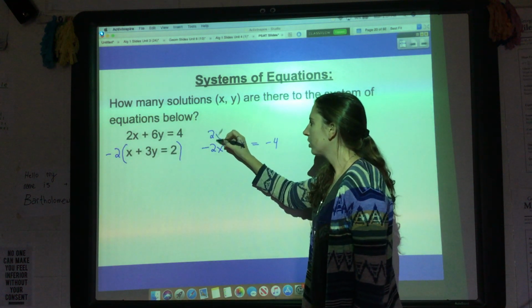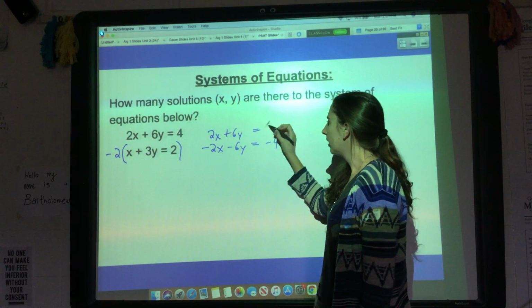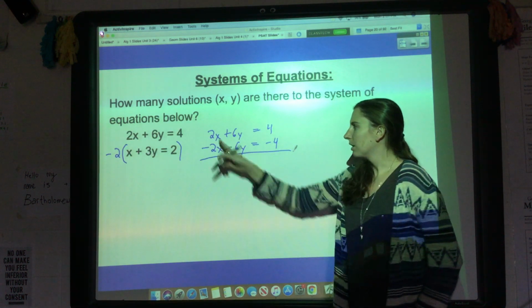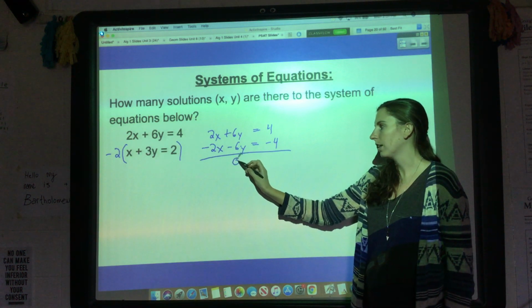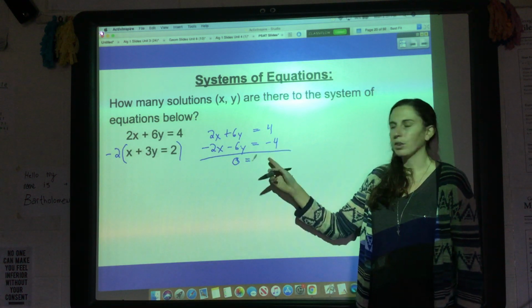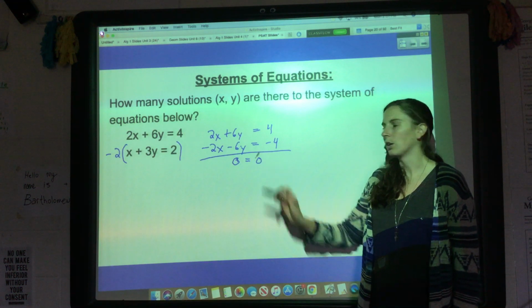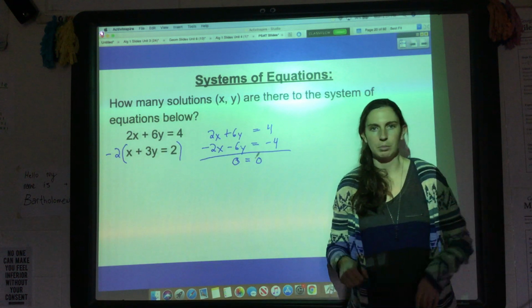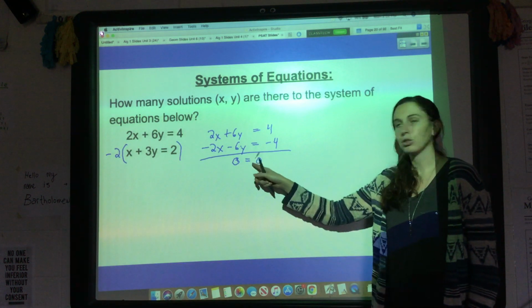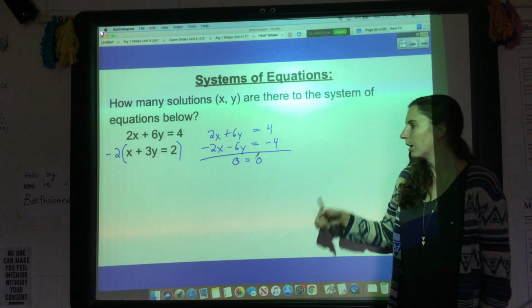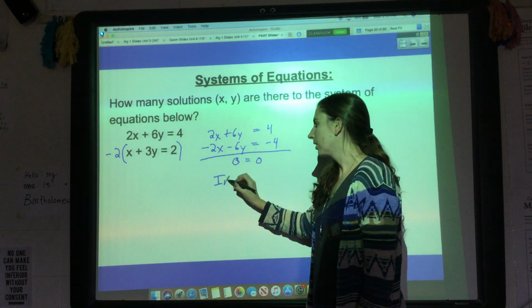I'll leave the top equation the same, but you may notice the problem is those cancel and also those cancel. All I'm left with is a 0. Nothing's left. Same thing over here. 4 minus 4 is just 0. So the variables are gone, meaning it's either infinite solutions or no solution. Since this is a true statement, 0 does equal 0, there are infinite solutions.